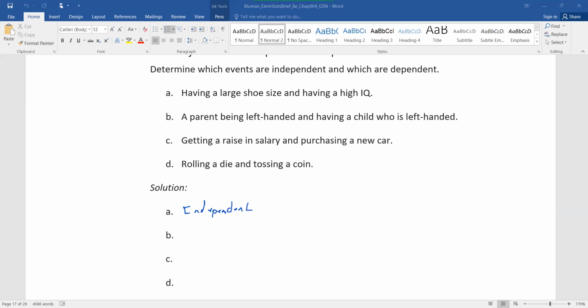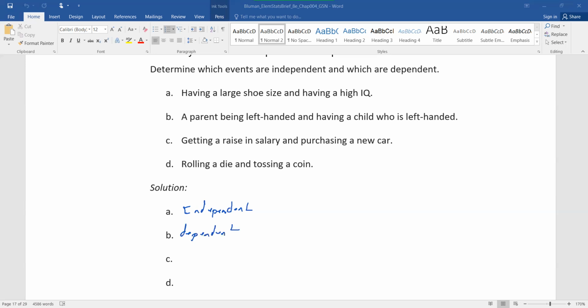I think so. I don't think so. Let's Google it. I don't know, because they say it's dependent, but I feel like this is a good argument.